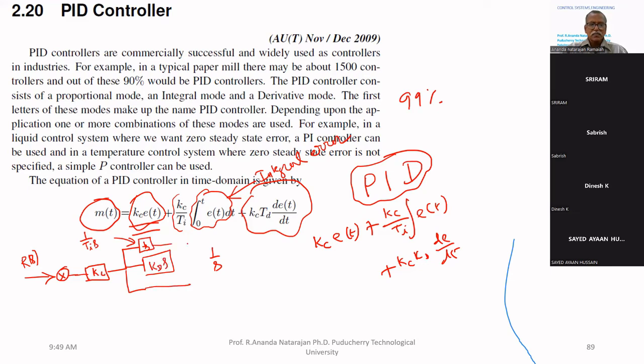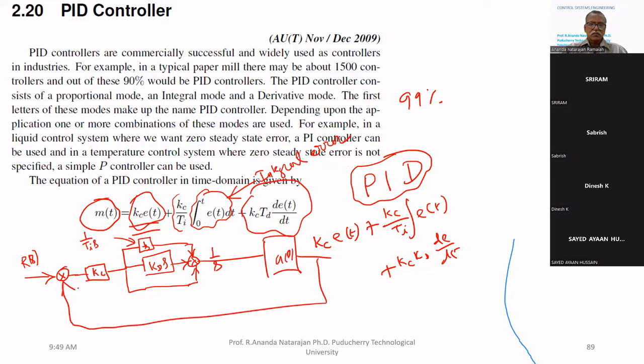All are added together in parallel paths, and the sum is given to the system G of S. You see that this is the integral mode, derivative mode and proportional mode. That's why it is called PID control. But we won't draw it like this.